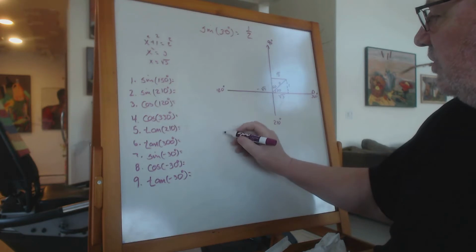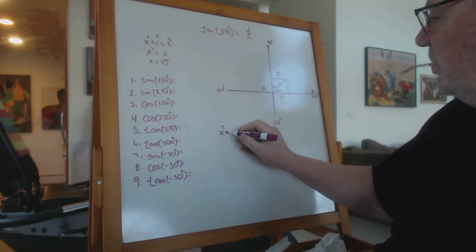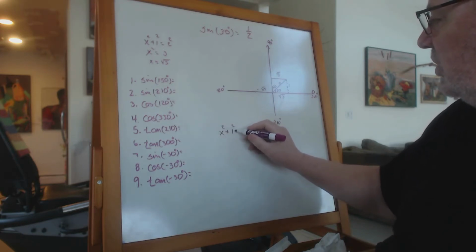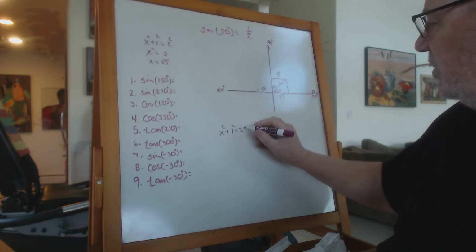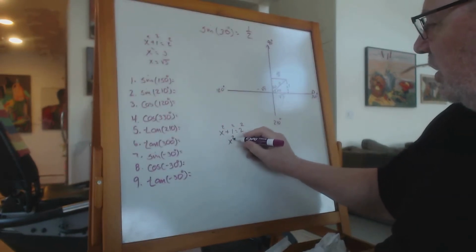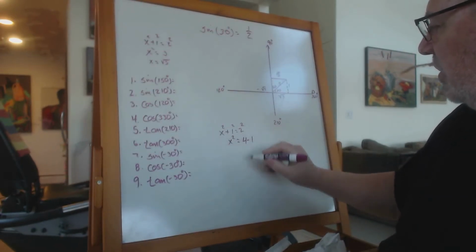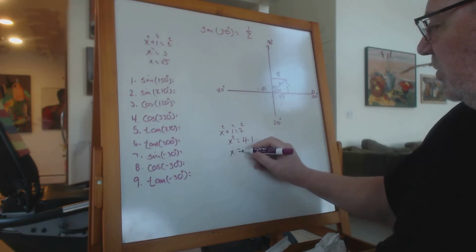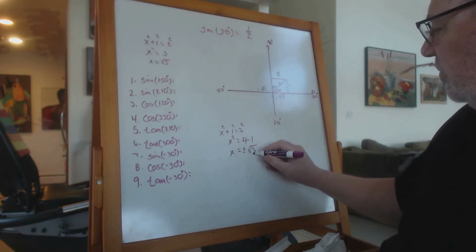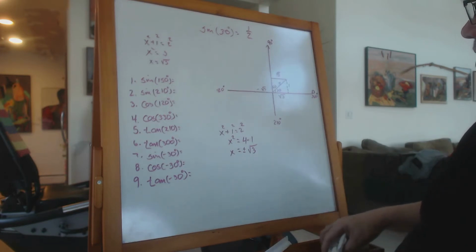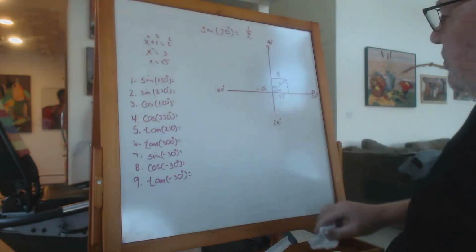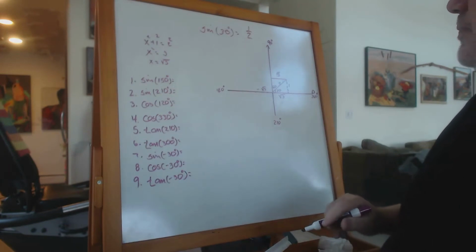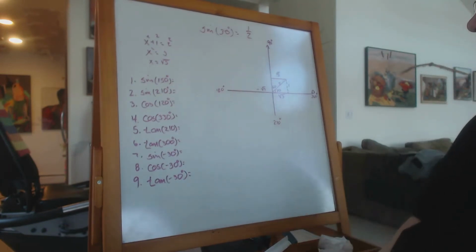So we have x squared plus 1 squared equals 4, or 2 squared. And that's x squared equals 4 minus 1, and x equals plus or minus square root of 3. And in this condition, because it's in the first quadrant, we know that it is plus square root of 3.